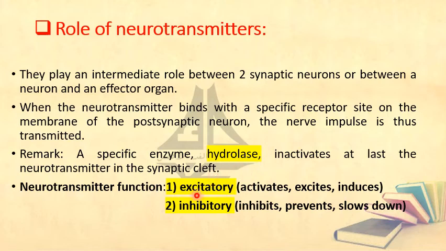They might be excitatory or they might be inhibitory. What do we mean by excitatory? Excitatory means that such a neurotransmitter might activate, excite or induce something, and inhibitory means that it might inhibit something, prevent it or slow it down. Now you will be able to distinguish between them.